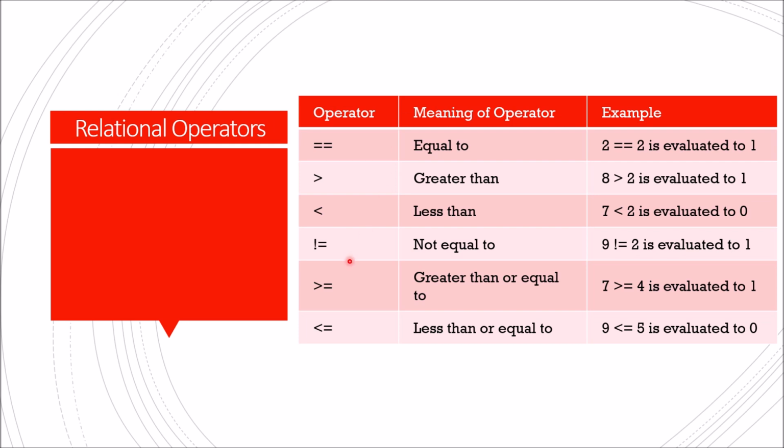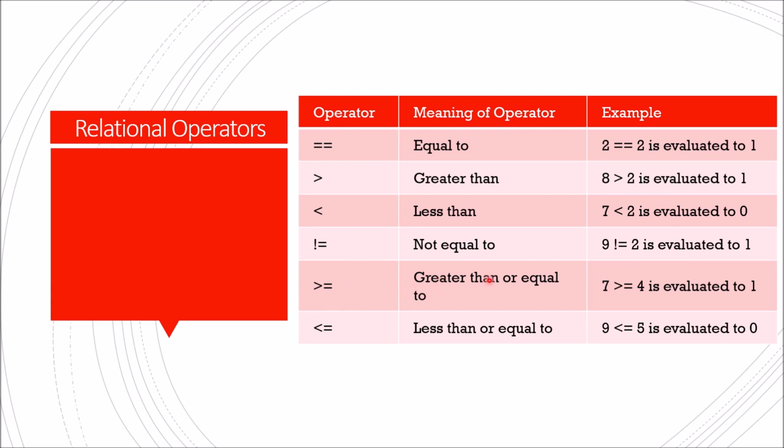Now let's consider this sign. It has the exclamation mark plus the equal sign, and it actually means not equal to. So let's have an example here. 9 not equal to 2. So what happens here? It's a true statement, so it will be given the value of 1 to signal that it is a true statement.